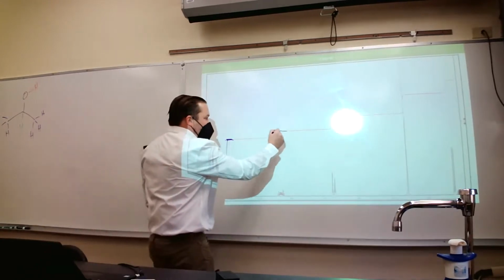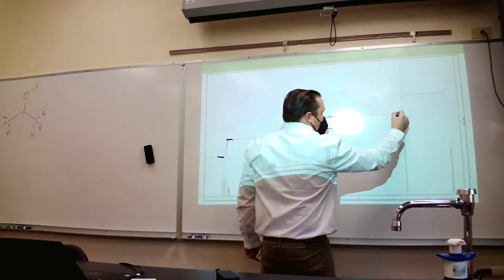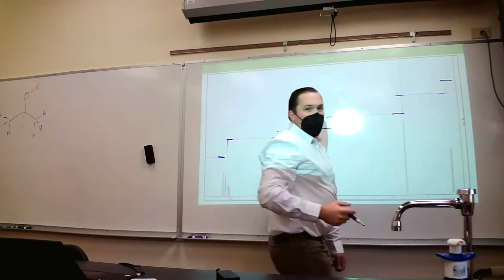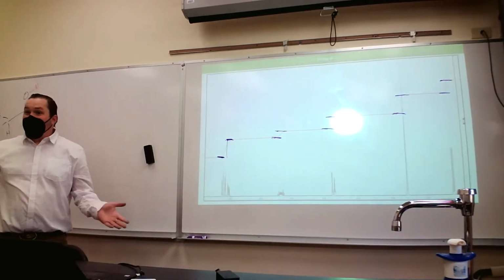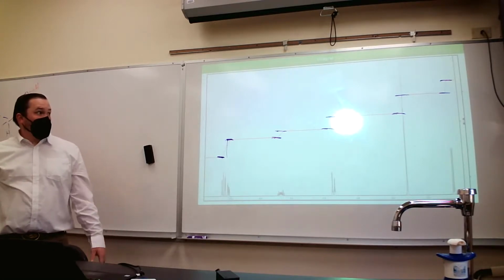And then here and here, and here and here. The distances should be in whole number ratios to each other. You don't always need to get out an actual ruler, because they should all be whole number ratios or close to it.